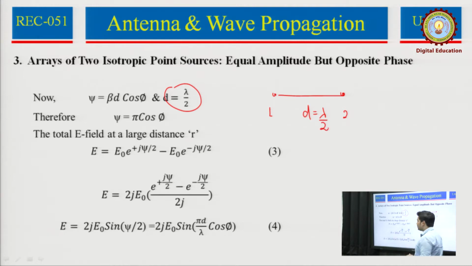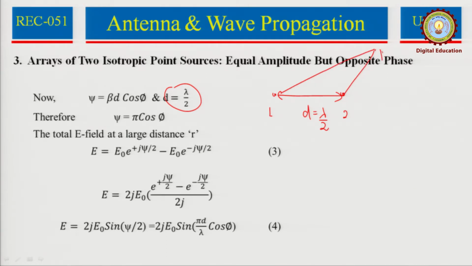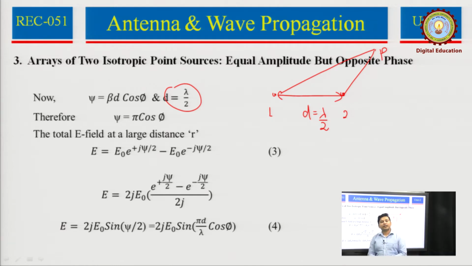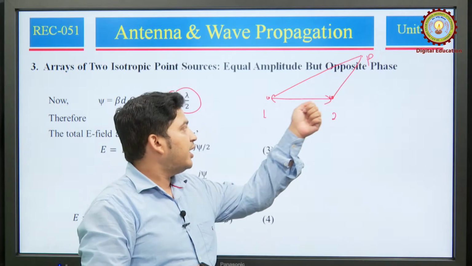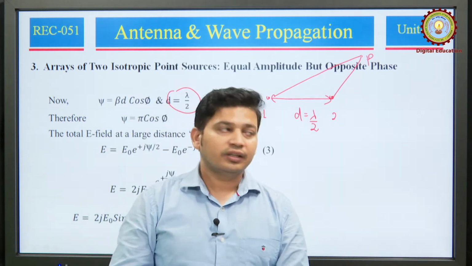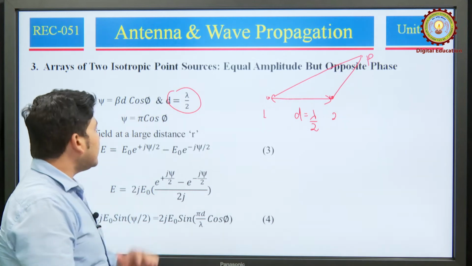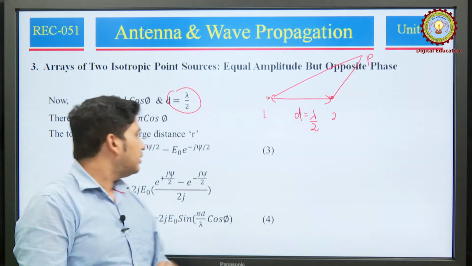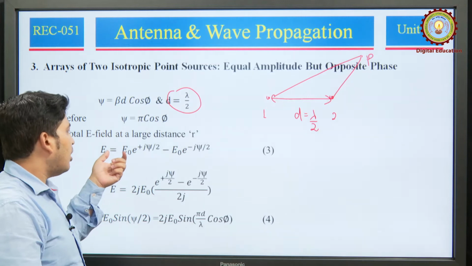This is the far field point where we are interested in evaluating the total or net electric field, which is the vector sum of the source 1 field and source 2 field. The rest is the same consideration, d is equal to lambda by 2. So, the total electric field at a large distance, how can we define it?